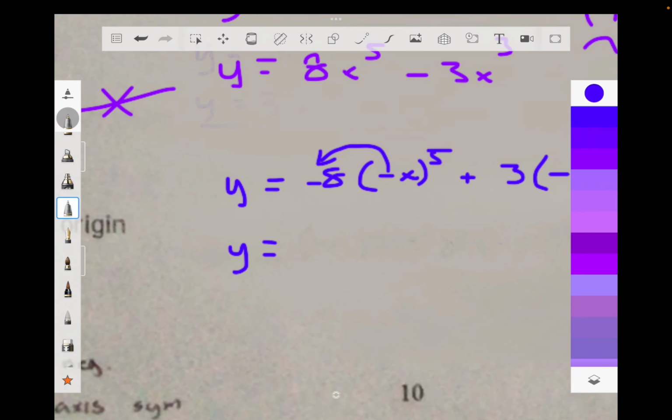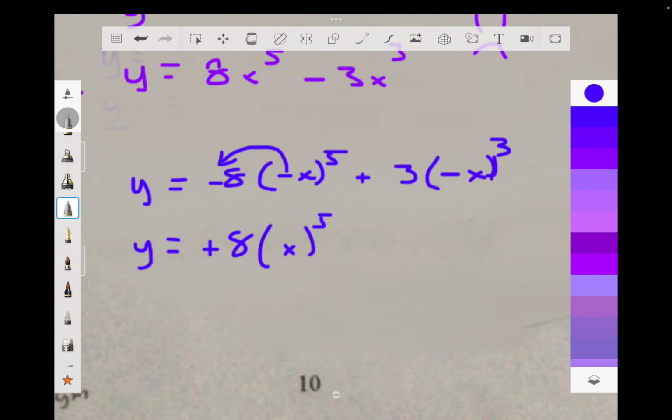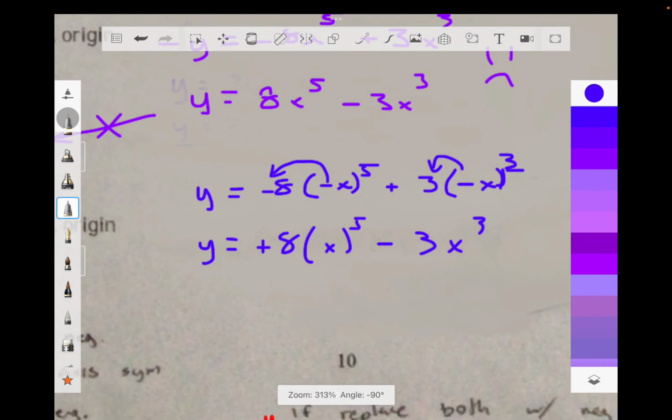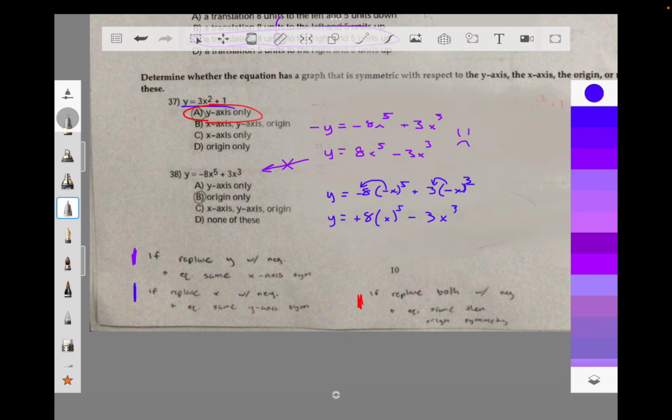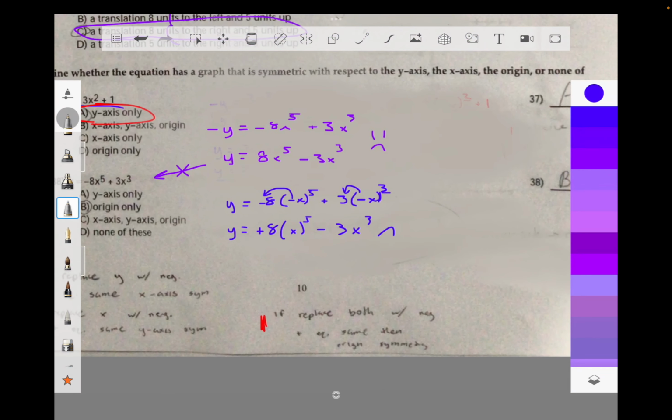So it's going to be y equals positive 8, because negative times negative is positive, x to the 5th. This is an odd exponent, so we're able to bring the negative in front. So it's going to be negative 3x cubed. Is this the same as the original? It is not. So it is also not y-axis symmetric.